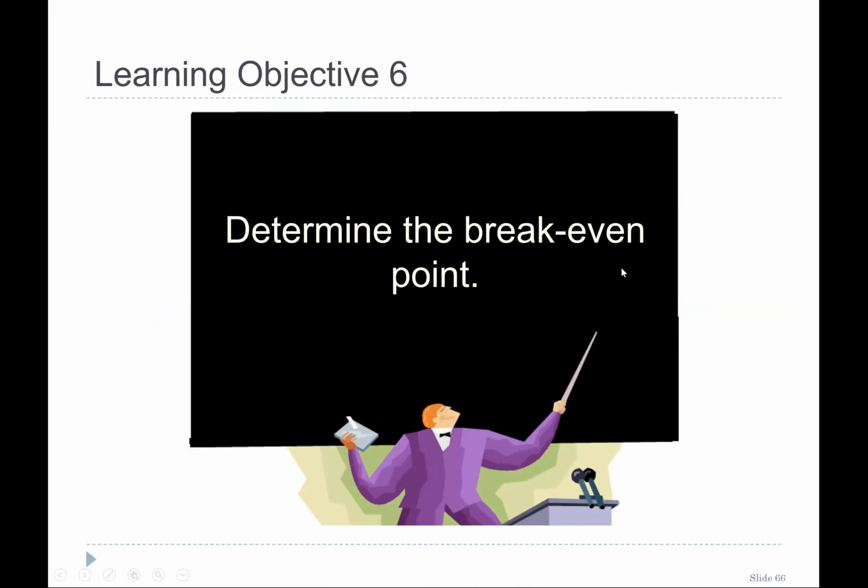Now our sixth learning objective is determine the break-even point. We already talked about break-even point in our last lecture, in which we said that to find the break-even, we use the fixed cost. Let's talk about the formula here.